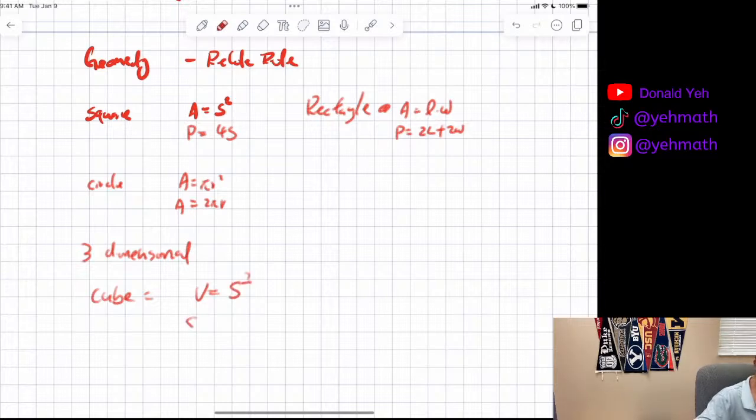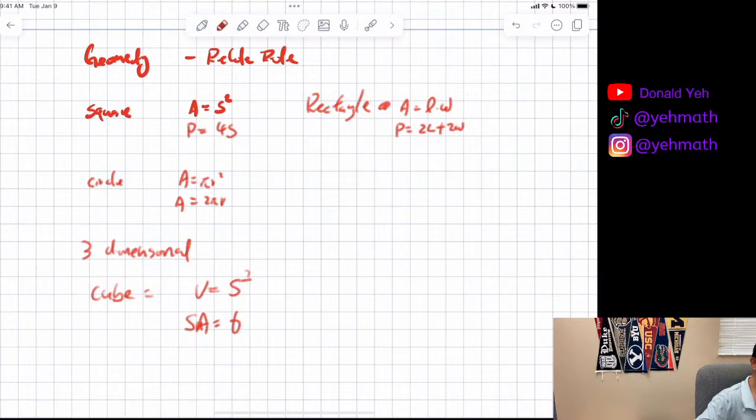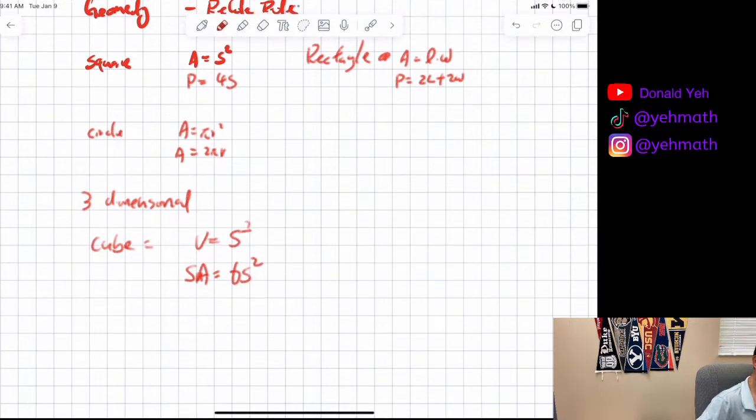What is the surface area of a cube? S squared times 6. If you have a problem memorizing that, a dice has 6 sides, and each side has s squared, so it'd be 6s squared. Got it? That's a cube.